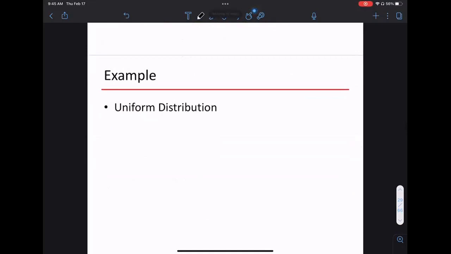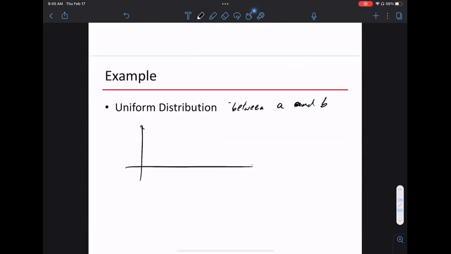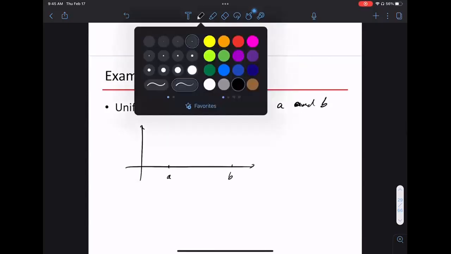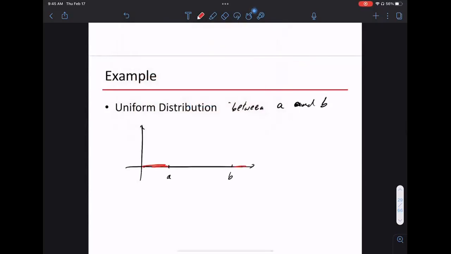Normally it's written as uniform between A and B. What this looks like is, this is A, this is B. It's 0 outside of this region, and the density function is a flat line between the two with a value of 1 over B minus A. Okay, so this is what the density function looks like.